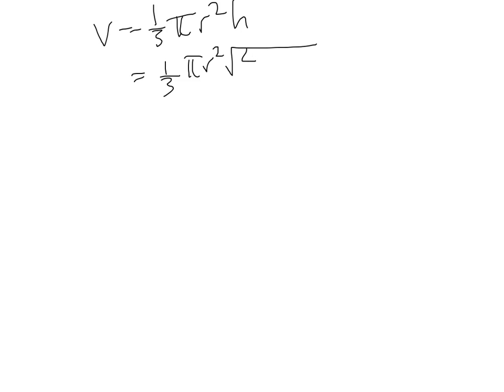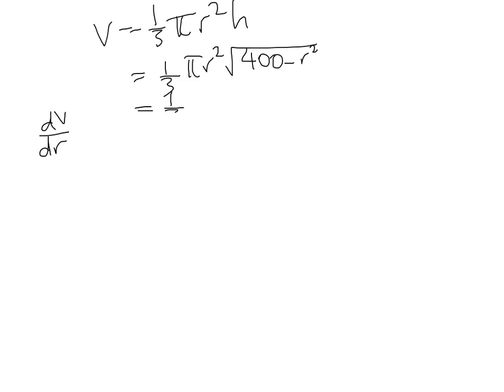Okay, so we've got V is equal to 1/3 pi r squared h, and we're going to substitute that, and we get V is equal to 1/3 pi r squared root 400 minus r squared. So we want to find dV by dr equals 0.